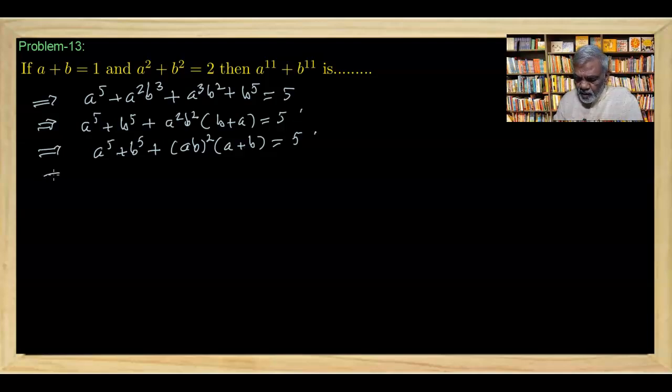Again, a raised to 5 plus b raised to 5 plus minus 1 by 2 raised to 2 into 1 is equal to 5.